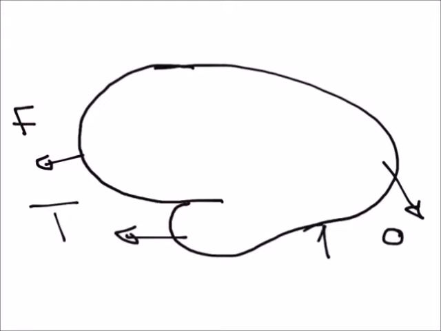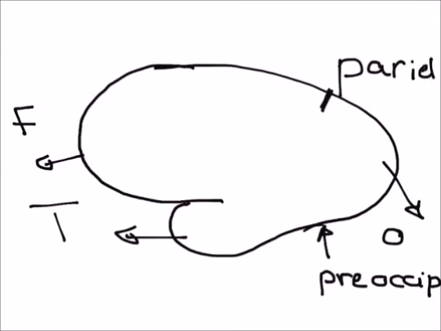Here we have a notch called the pre-occipital notch. And here we have another fissure, which is the parietal occipital. This parietal occipital is separating the parietal lobe in front and the occipital lobe behind.